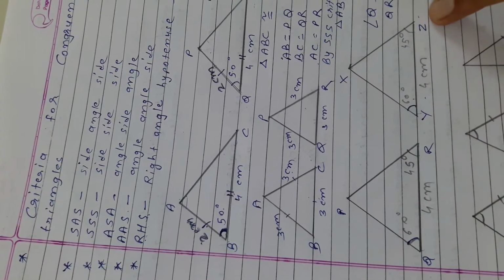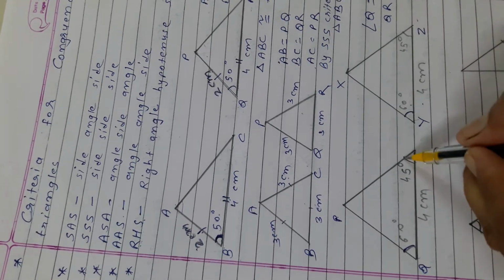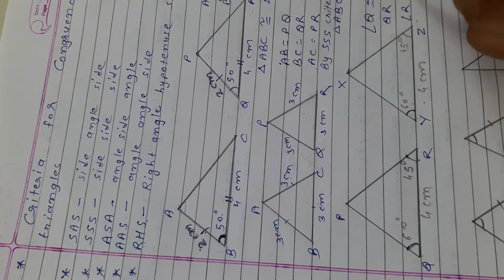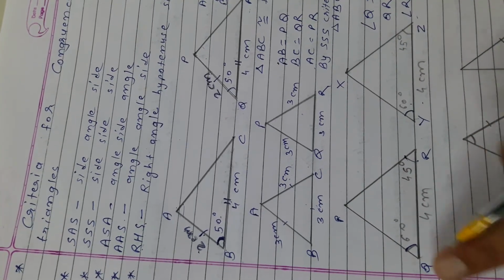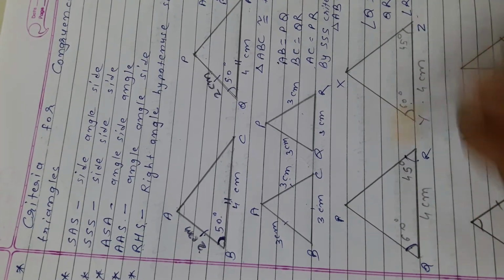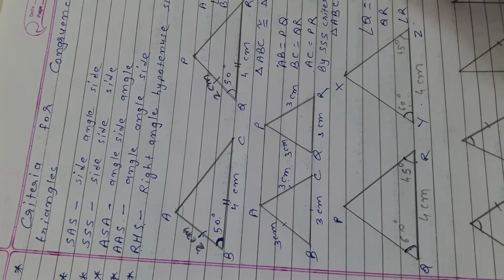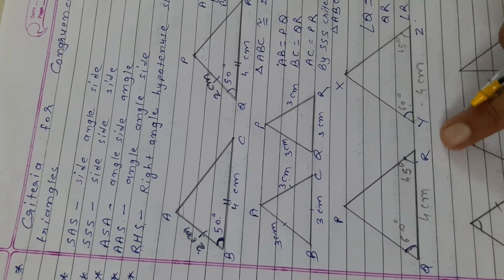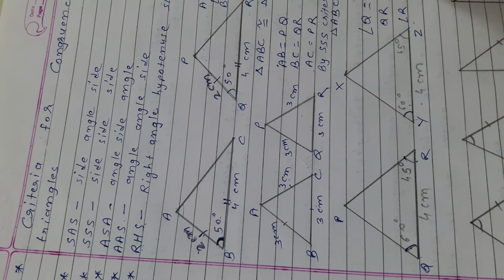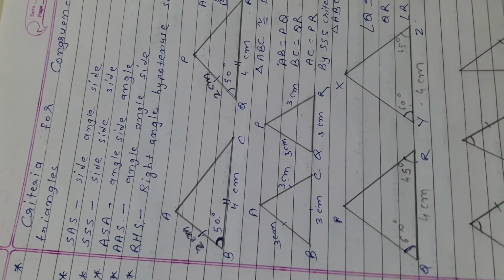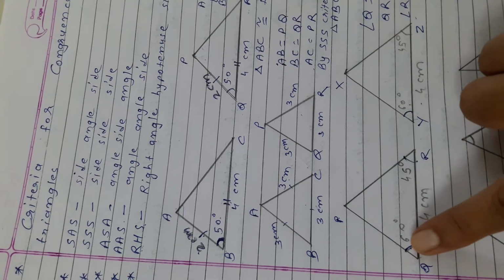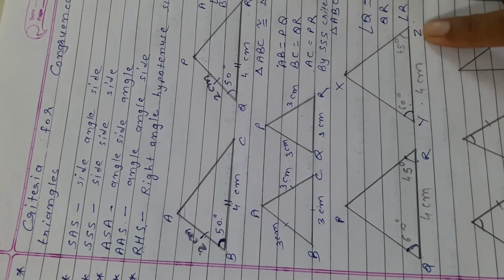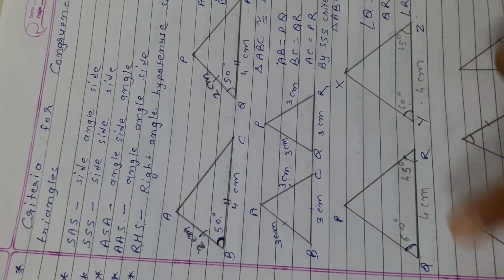QR and YZ are corresponding sides, and angle R is same as angle Z. That is angle Q and angle Y are same, angle R and angle Z are also same, and QR is equal to YZ. So here these two angles are same, corresponding angles are same.